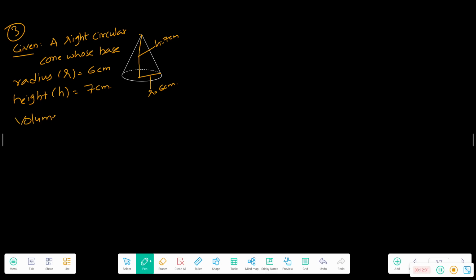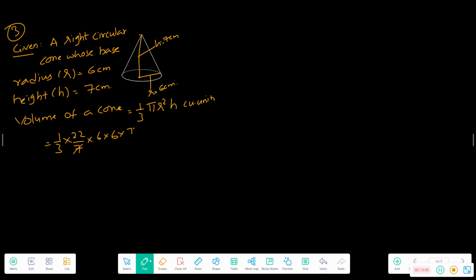So volume of a cone is equal to 1/3 pi r square h cubic units. So this is 1/3 into 22/7 into r value is 6 into 6 into h value is 7.